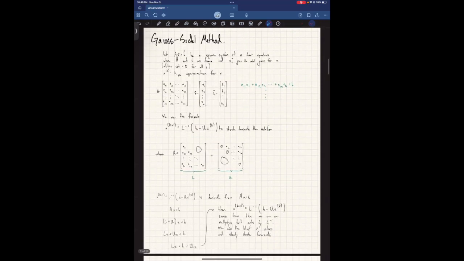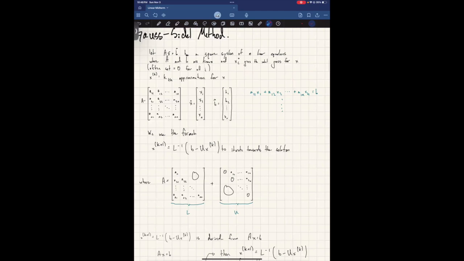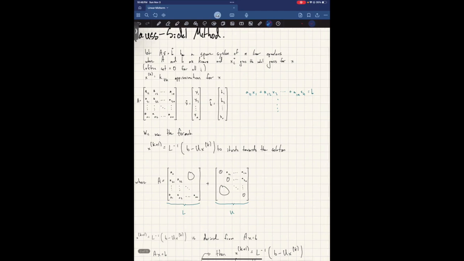Okay, so first we have the Gauss-Seidel method. The Gauss-Seidel method is based upon a square system of n linear equations represented by Ax equals b, where A times x is equal to b. A and b are given. This would be how A and x multiply out to get b1, and this will just go down for the entire system of equations.